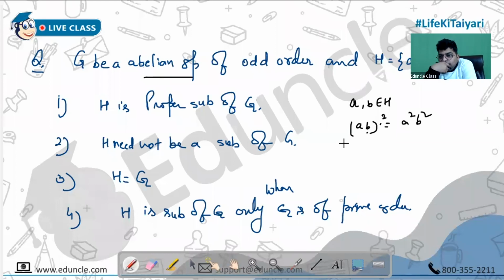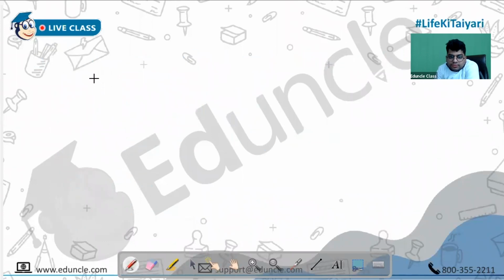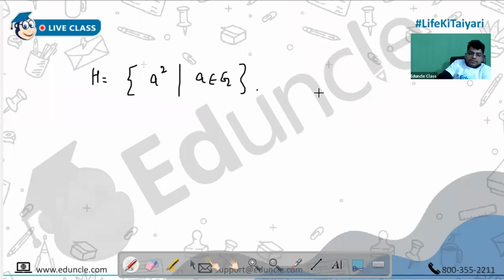So AB must be of the type A square B square. Am I clear? चलो मैं यहाँ से क्लियर नहीं कर पाऊंगा, पहले चेक करो कि अब ये ग्रुप है कि नहीं है। This is a subgroup or not?